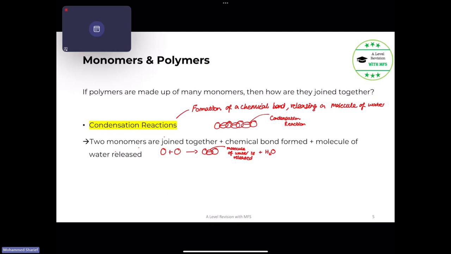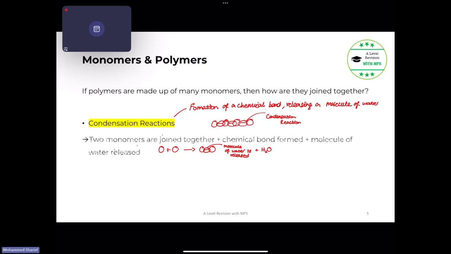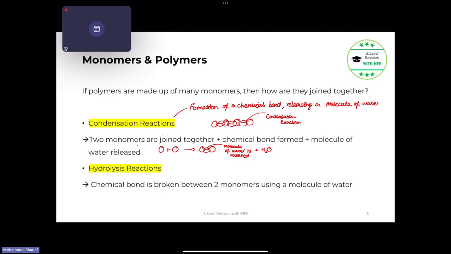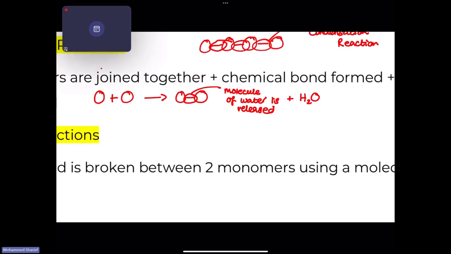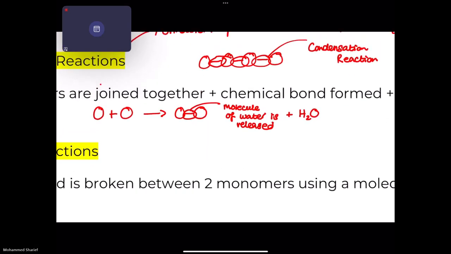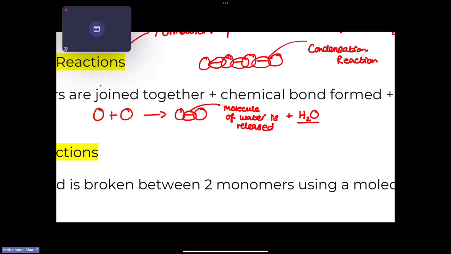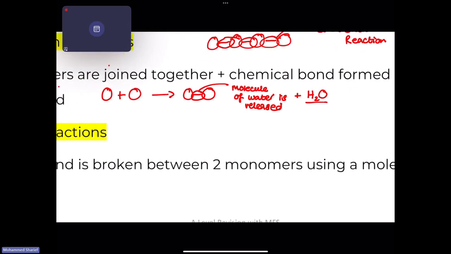And that's known as a hydrolysis reaction. A hydrolysis reaction is basically when you use a molecule of water to break this bond in order to form the individual monomers once again.